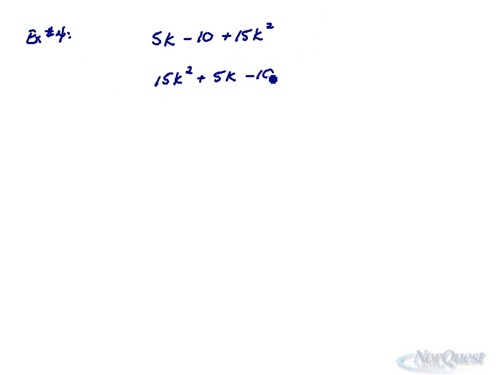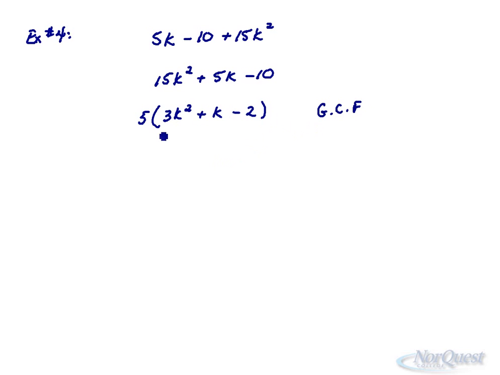And I notice that I can remove a 5 from all three terms, so I'm going to remove the GCF first. So 15k squared divided by 5 gives me 3k squared. 5k divided by 5 gives me positive k. 10 divided by 5 gives me minus 2. So I removed a GCF.